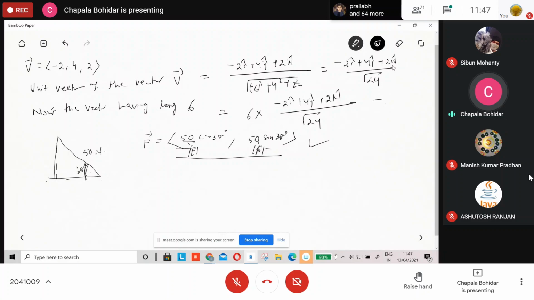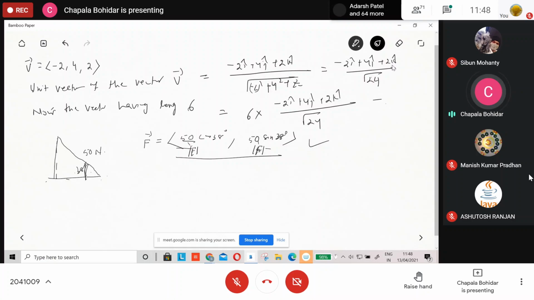If you face any trouble, you can ask me. 15, 20. Find the sum of the given vectors. Now do question number 15.